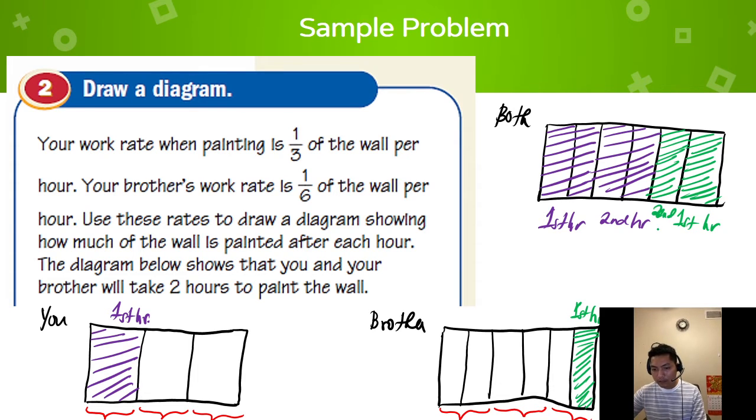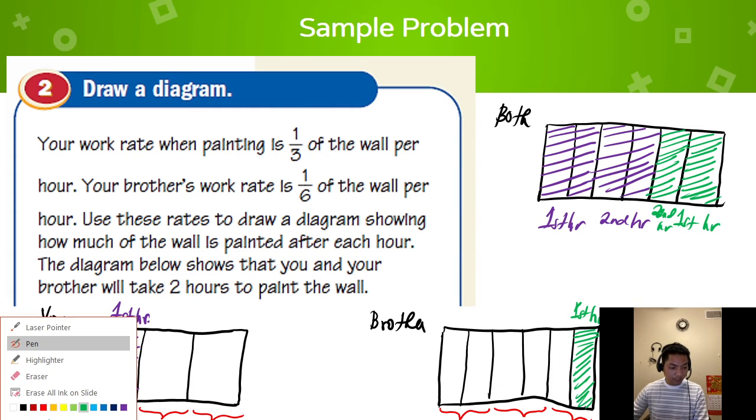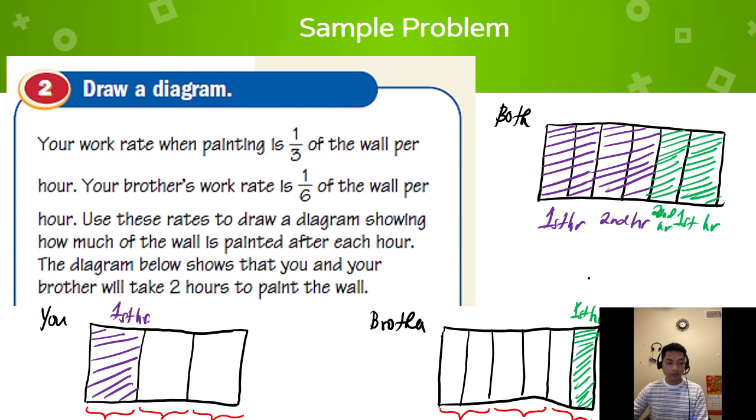Second hour. Now, question, have we fully painted the wall? Of course, yes. How long did it take for both your brother and you to finish painting the wall? It took you guys just 2 hours.